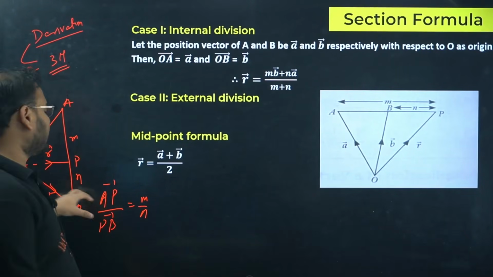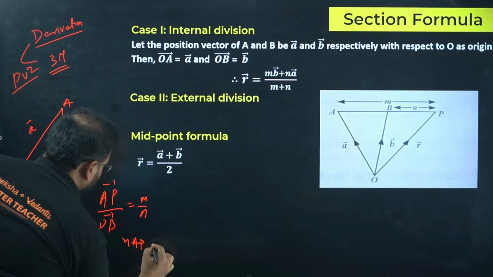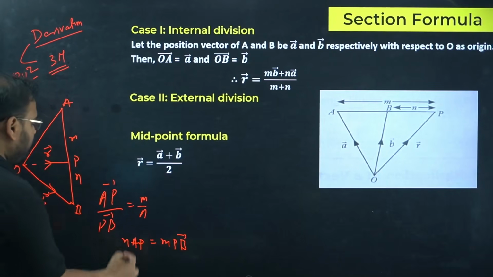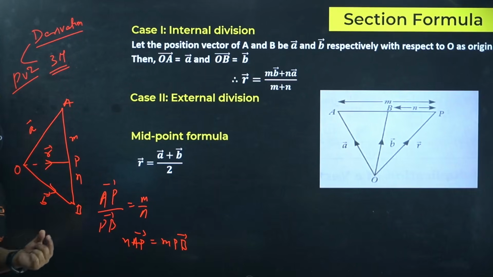I can cross multiply and get the result. It becomes N AP equals M PB, and you can find the value of AP from here. AP vector will be R minus A.